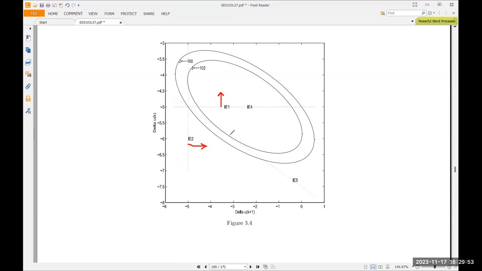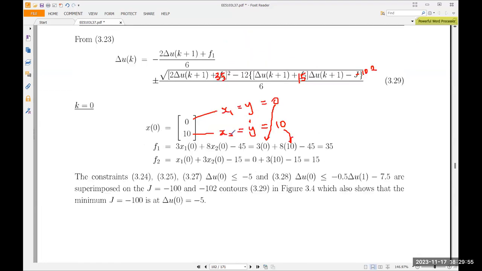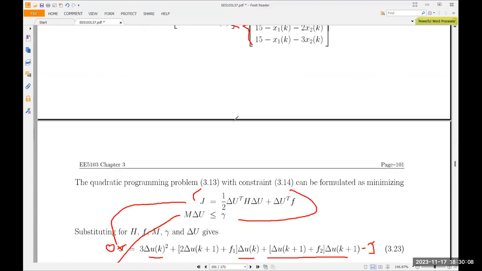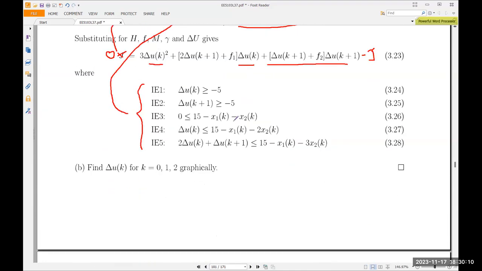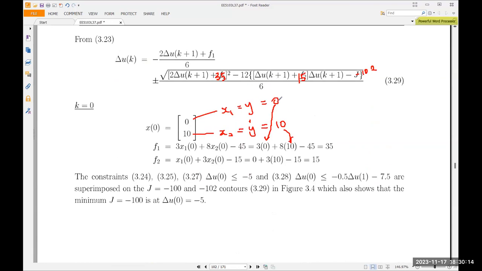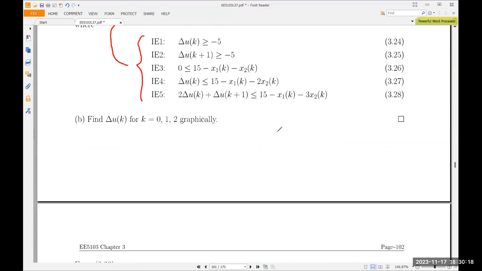Then inequality 4. Now, x1, what is x1? Let me see. x1 is 0, x2 is 10. Okay, so I must put a 0 here and a 10 here.